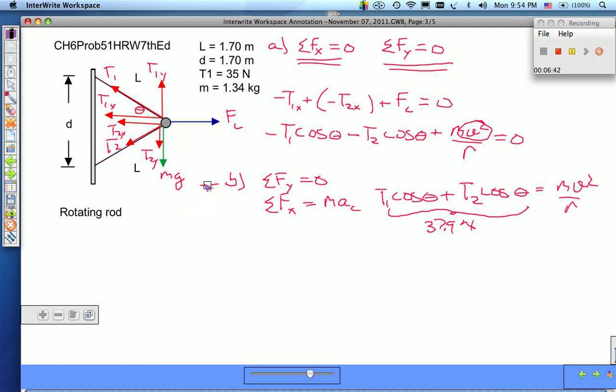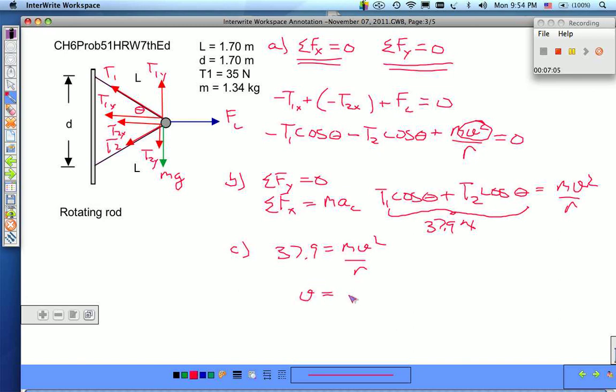So part C wants to know what the speed is of this orbiting mass. So we have the net force along the x direction of 37.9, and that's equal to mv squared over r from part B. So again, hold on to your hats.